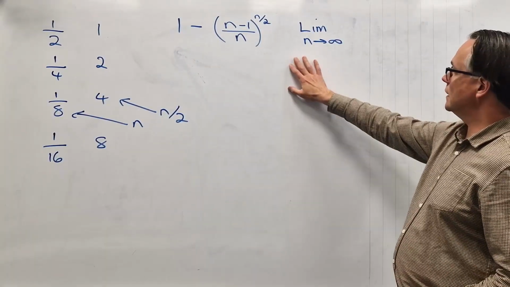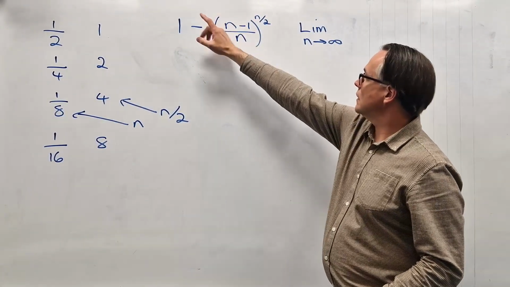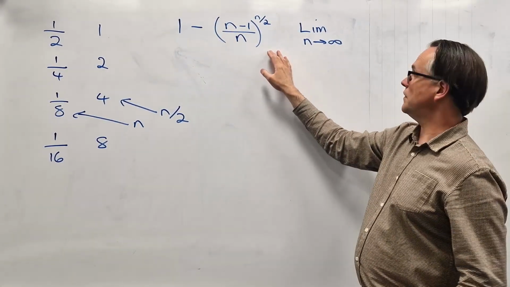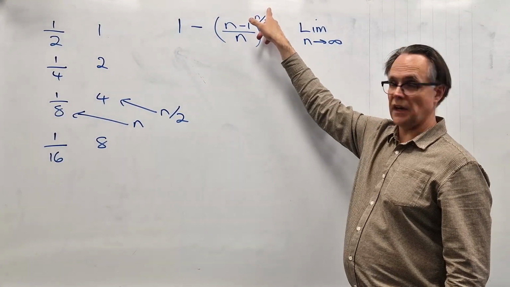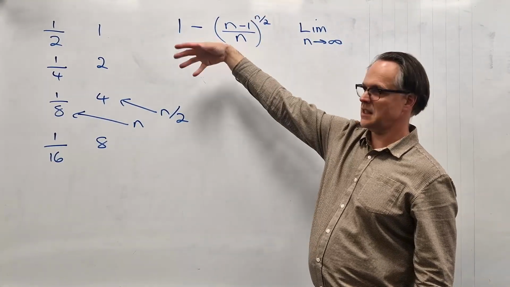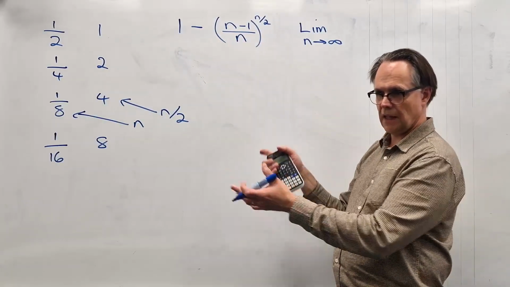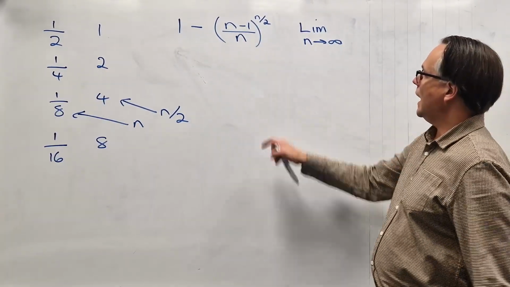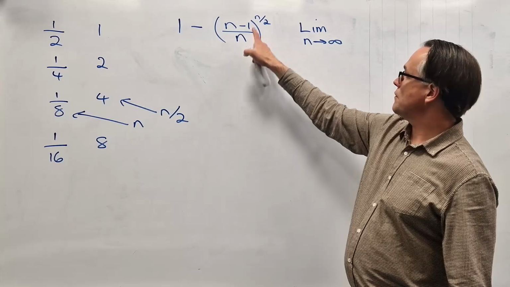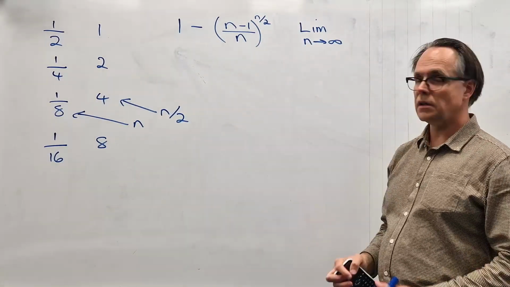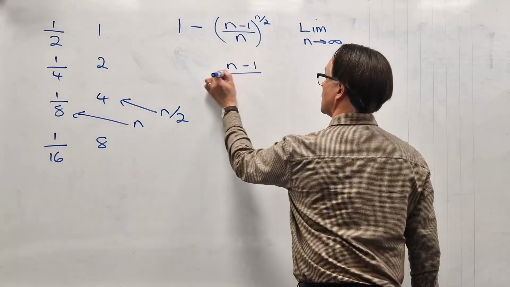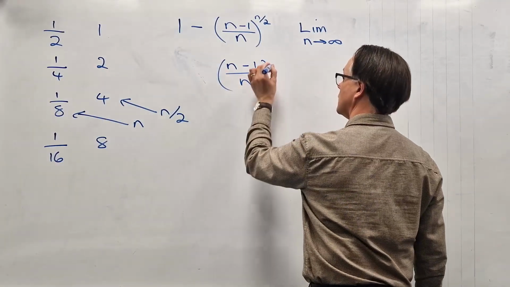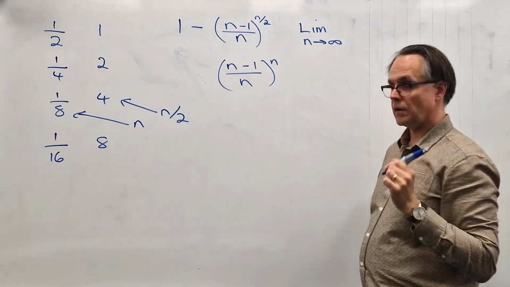Now, let's have a think about it. For this to be heading towards a value, then this bit needs to be heading towards a value. The 1 minus isn't going to change as n gets bigger. And also, n minus 1 over n to the n over 2 is just the square root of this.